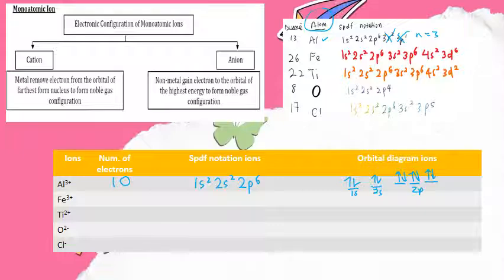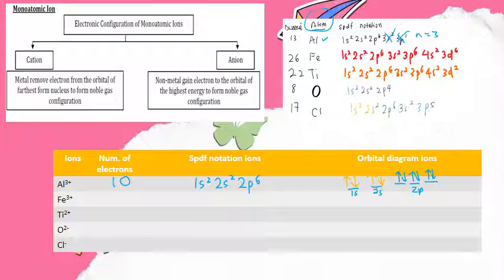Oh yeah, I make something wrong here. Macam I beritahu pada you all, arrow dia kena penuh kan? Okay, so penuhkan that arrow. Dia kena double headed arrow. Alright, so dapat dah orbital diagrams untuk Al3+.